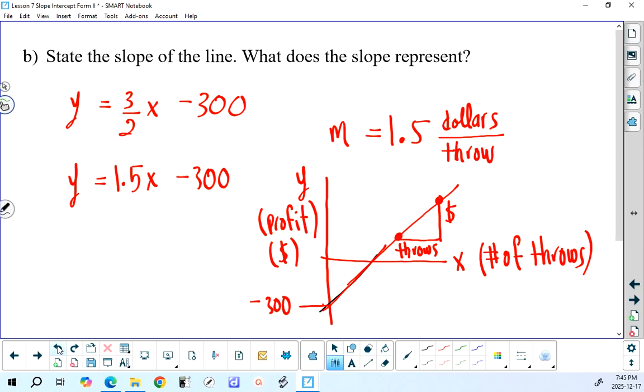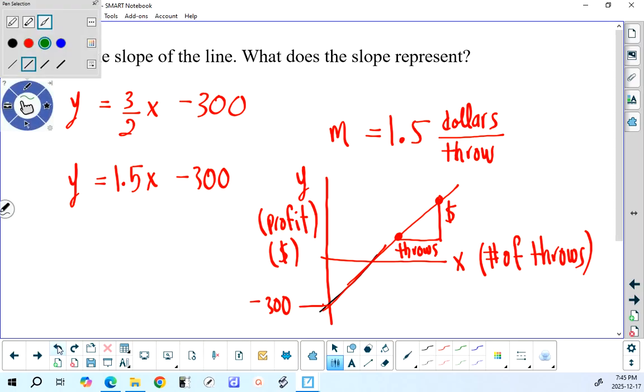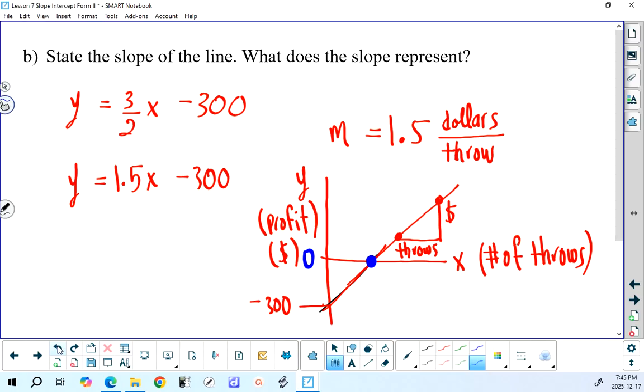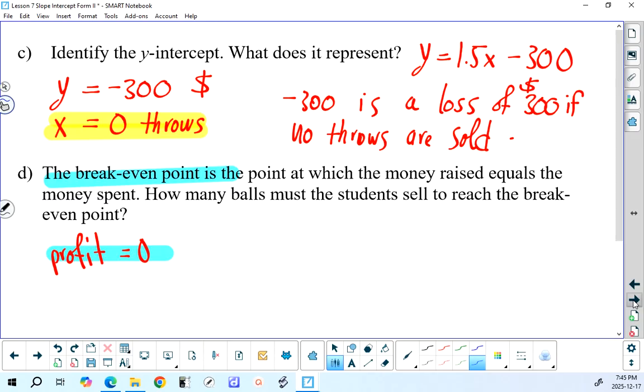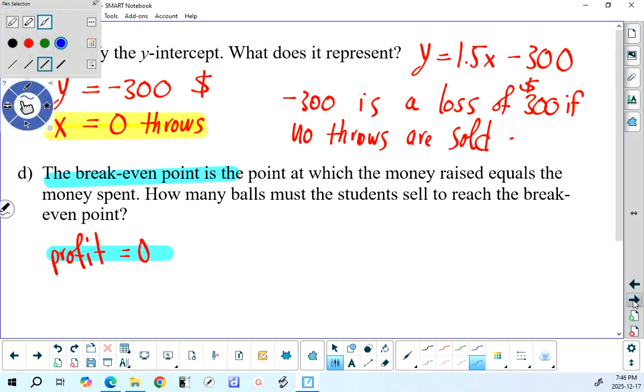On this graph, this is the break-even point, where they're making zero profit. They're not earning money and they're not losing money. And that's the x-intercept. So to find the break-even point, we just have to find the x-intercept, because the profit equals zero.